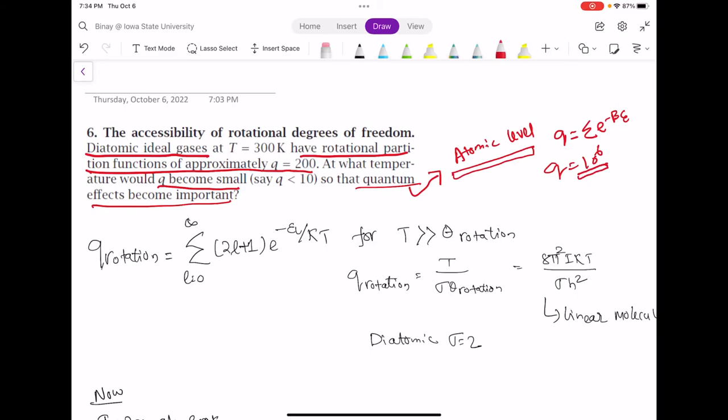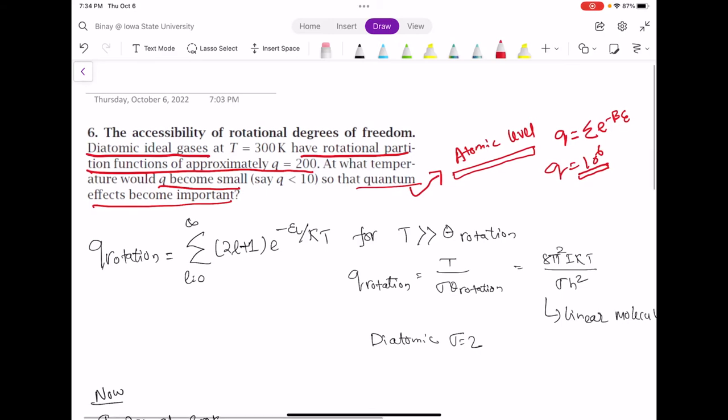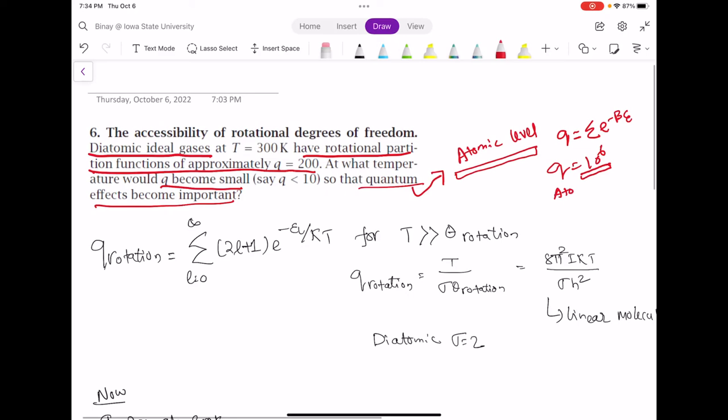So you need a q that is very small. According to the question's demand, it needs to be less than 10, but there is no specific value. We assume it to be on the order of 10 or 10 squared for quantum mechanics to be effective.